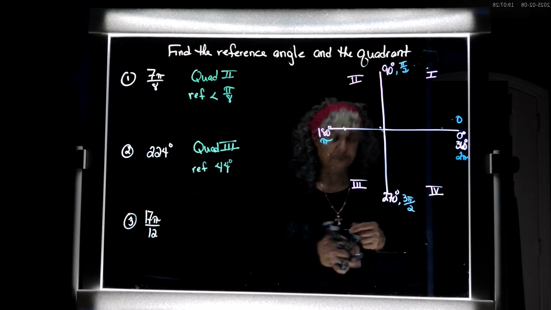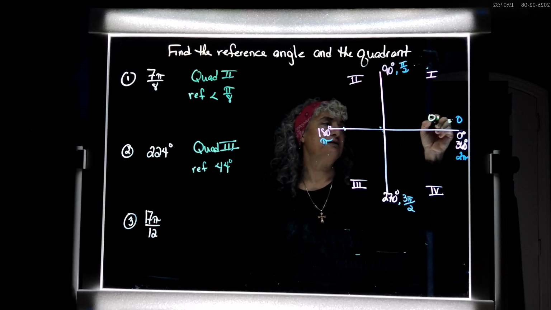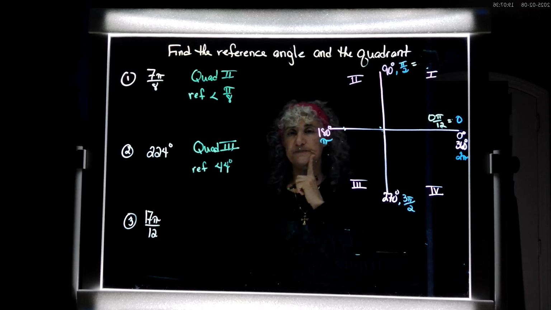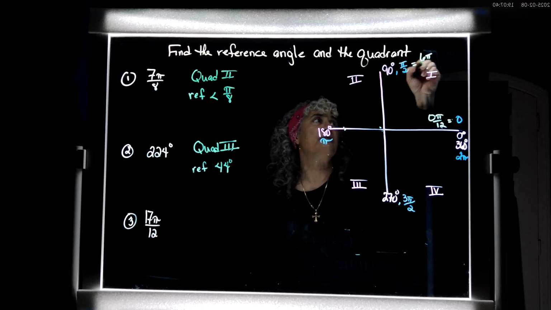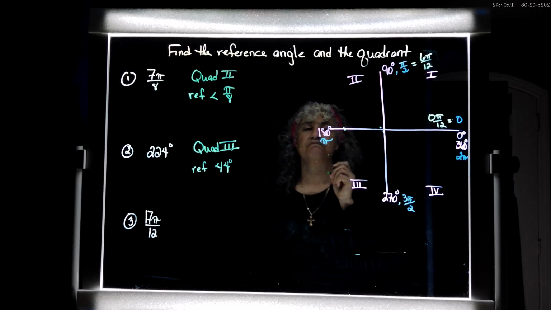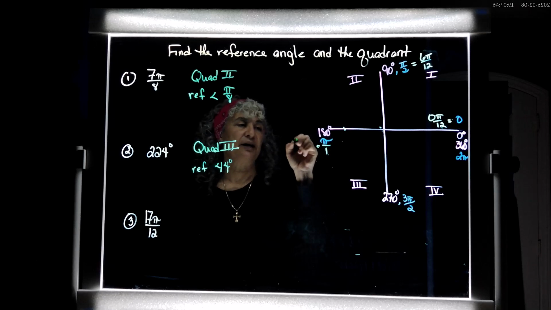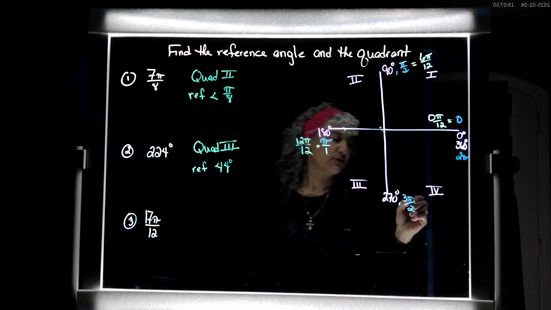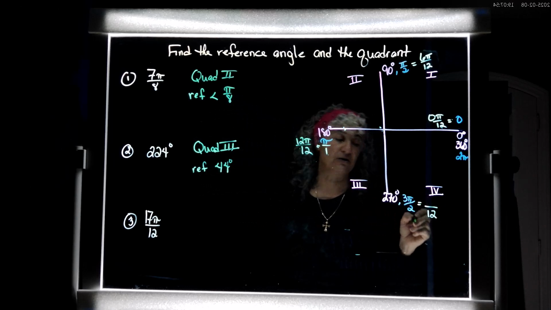So, well, 0, technically 0 pi over 12, that's easy. Pi over 2, denominator of 12, that would be 6 pi over 12, wouldn't it? Good. Pi over 1, good, that would be 12 pi over 12. 3 pi over 2, I'm making it into denominator of 12.